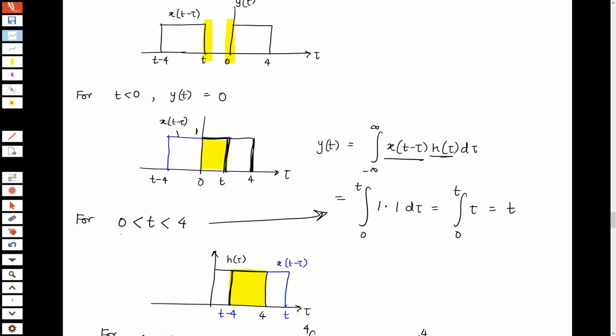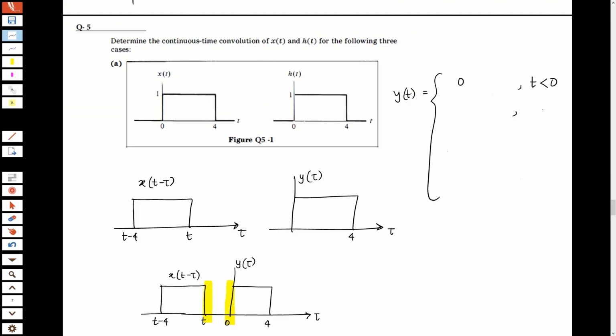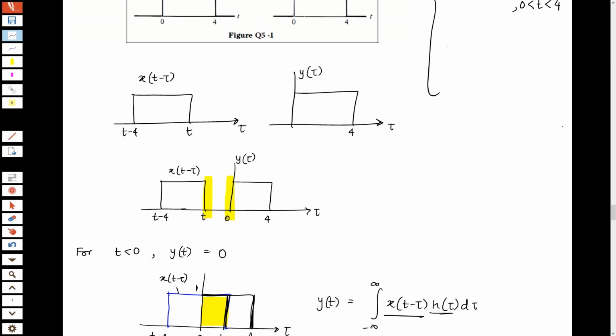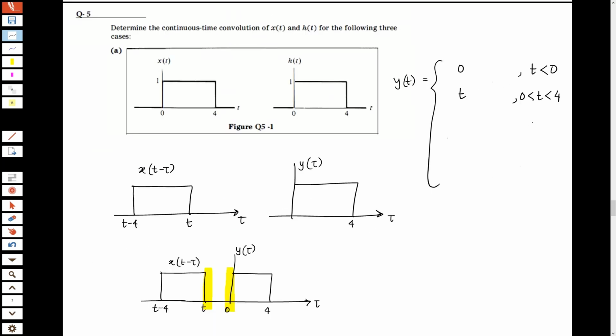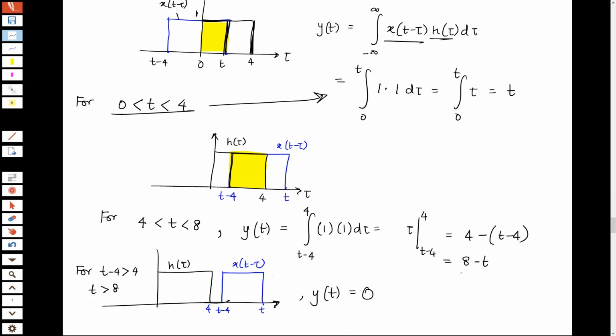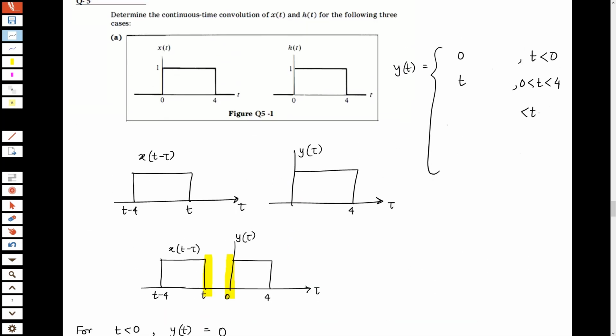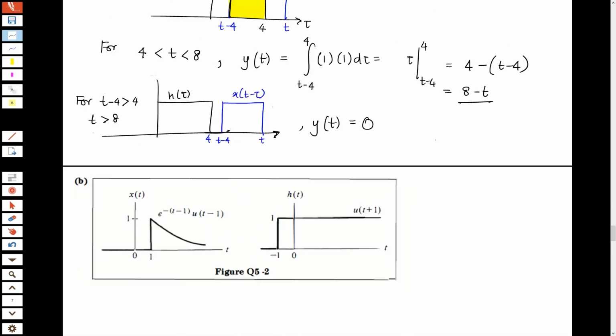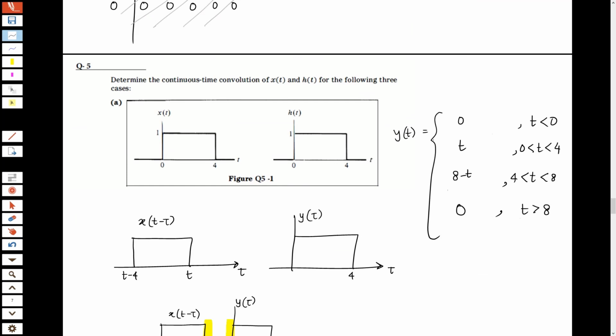Next case was for t between 0 and 4, y(t) was t. Next was for t between 4 and 8, y(t) came out to be 8 minus t. And then for t greater than 8, y(t) came out to be 0. Right? So this is how you need to summarize your final answer.